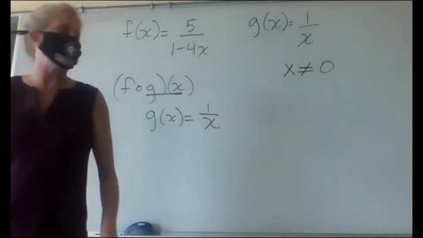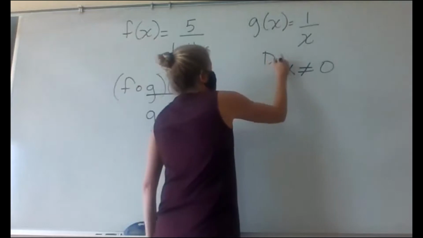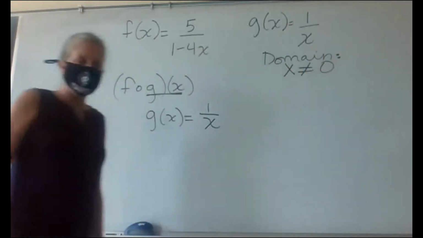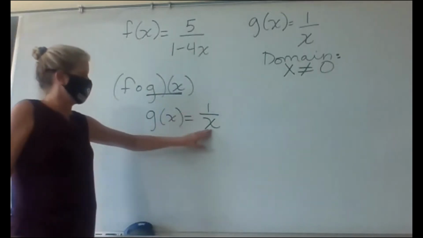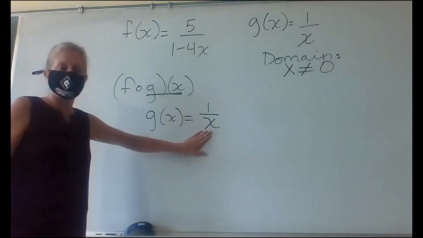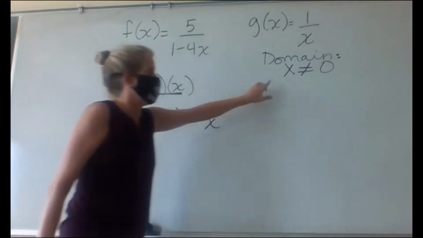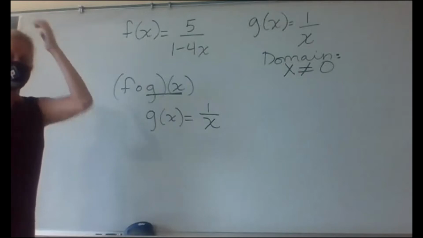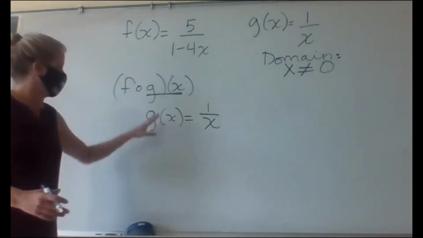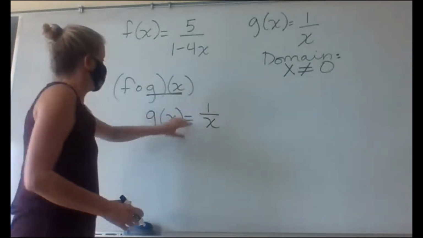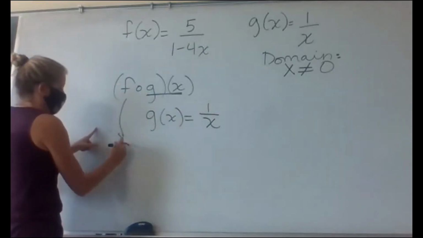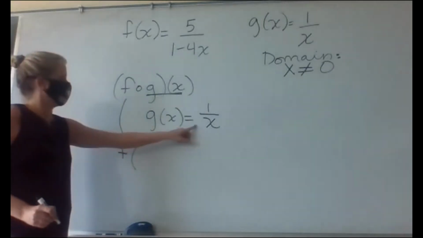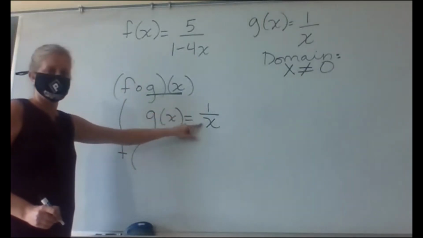So here's your domain side note: right now I need to remember that my denominator can't equal 0. Since it's just an x, I know x can't equal 0. Now I'm going to keep going with the composition. I've just done the first part. So now I need to find the outer. So I'm finding f of, what was your solution in the first part? 1 over x.